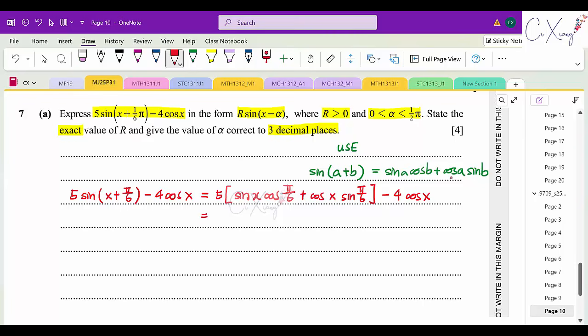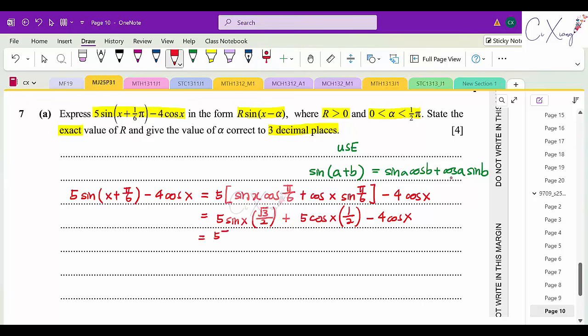Okay, so next, I will be having 5 sine x times the value for cos pi over 6. Cos pi over 6 means 30 degrees. So cos pi over 6 is root 3 over 2. Because you have to keep your r in the surd form, right? So in the exact form, therefore all the answers here, please keep in surd form. And this one, we're having 5 cos x multiplied with sine 30 degrees, which is a half. Okay, then minus 4 cos x.